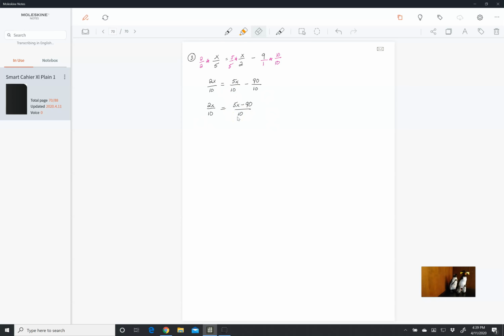I'm going to bring this up here just for space purposes. Now we can say the denominators are equal and the fractions are equal, so we can set the numerators equal to each other. Here we can subtract 5x from both sides.